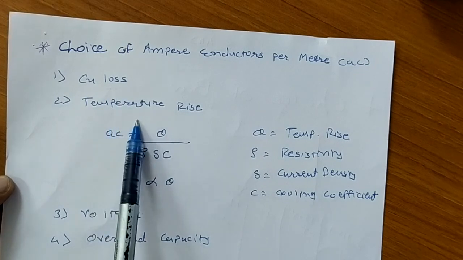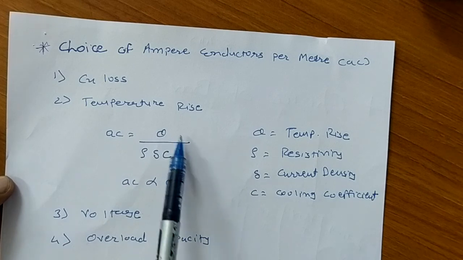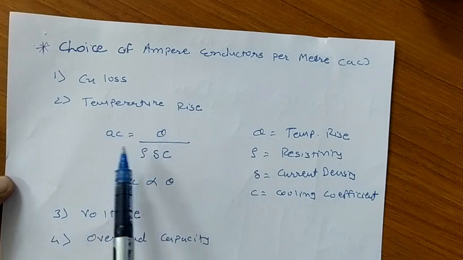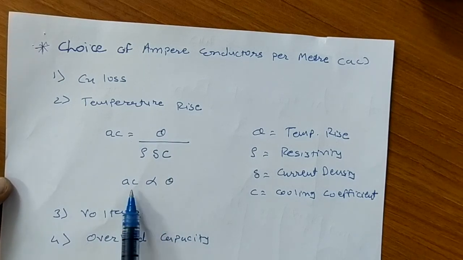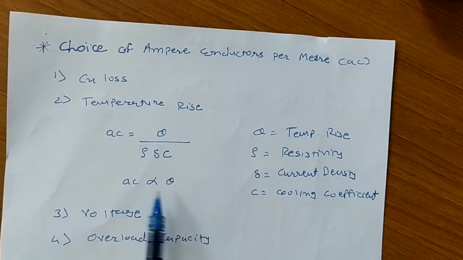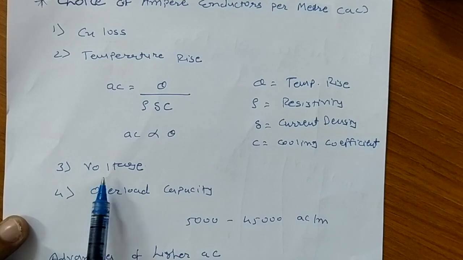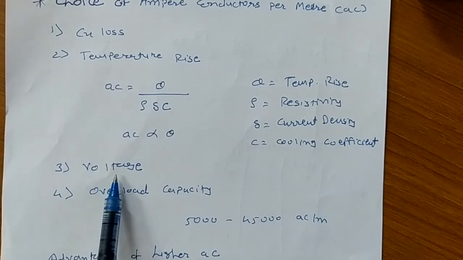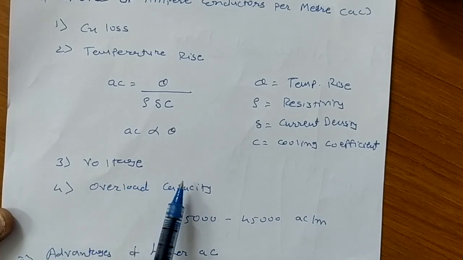For temperature rise, this equation is derived from a lot of experiments, and we are going to accept it: the ampere conductor is directly proportional to the temperature rise theta. So if you take a higher value of AC, temperature rise is also high. Third one is voltage. Specifically for high voltage machines, we are going to keep the value of AC lower.